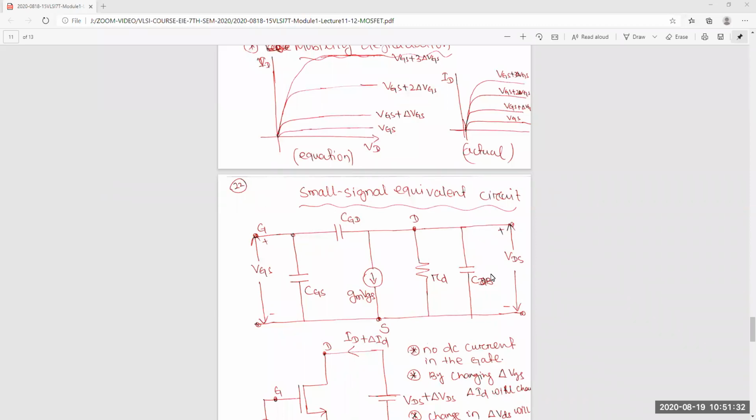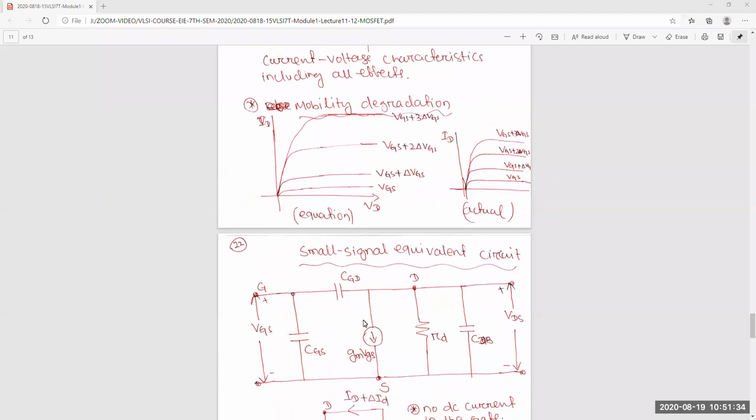So this is the small signal circuit. First of all, the MOSFET is a voltage controlled current device, yes or no? Because you are giving gate voltage, we are getting drain current.